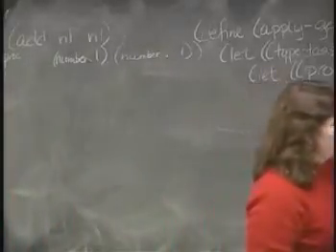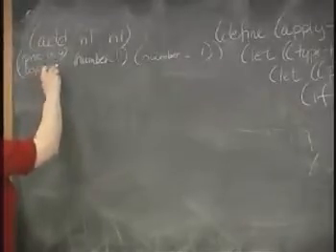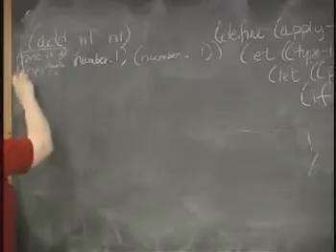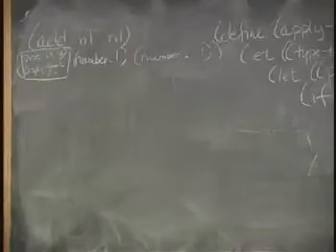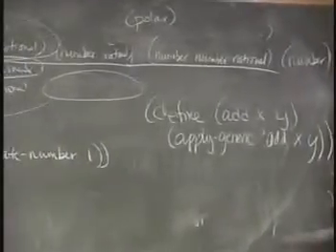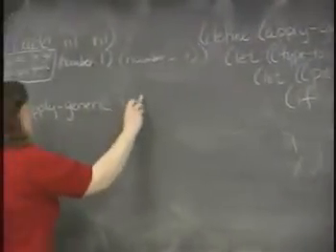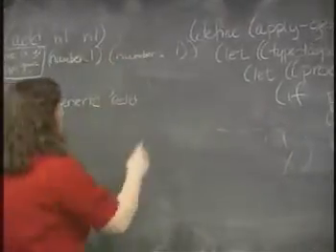It's over here: a procedure that takes in two arguments, x and y, and then calls apply generic. So now we're going to apply this to those two arguments. You see add x and y, we're going to apply generic add to x and y. So this is x, this is y.